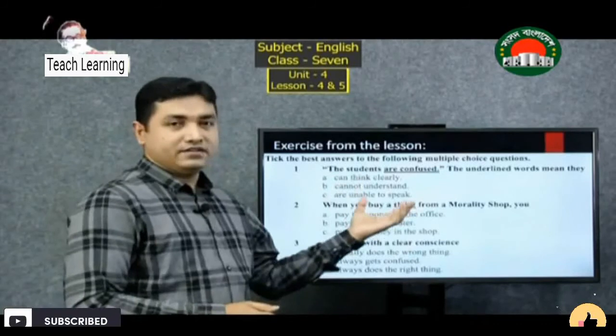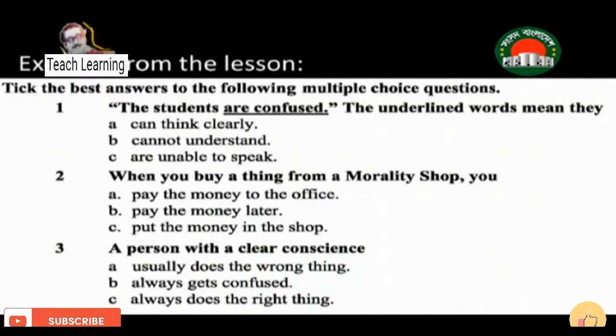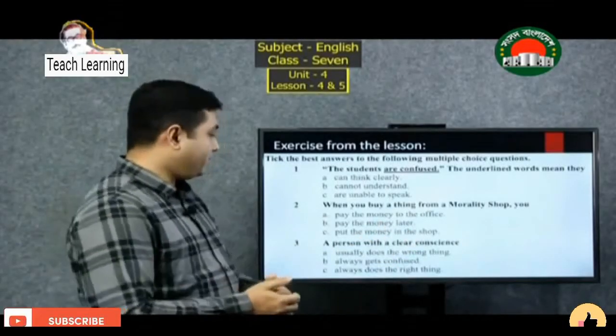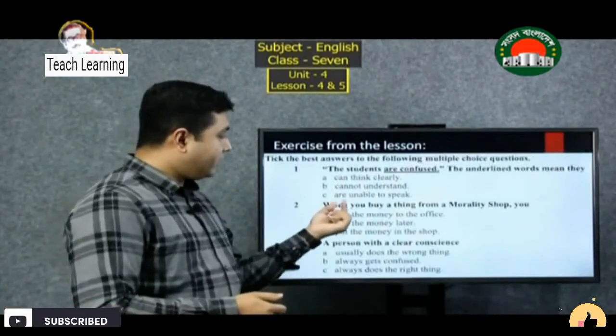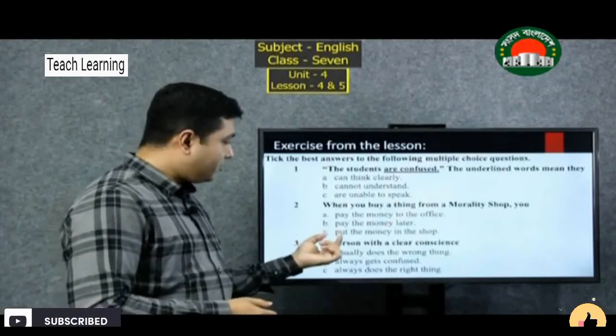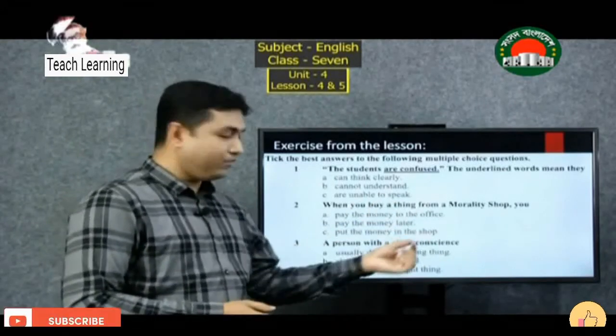Number two, when you buy a thing from a morality shop, you pay the money to the office, pay the money later, or put the money in the shop. What will you do? You put the money in the shop.